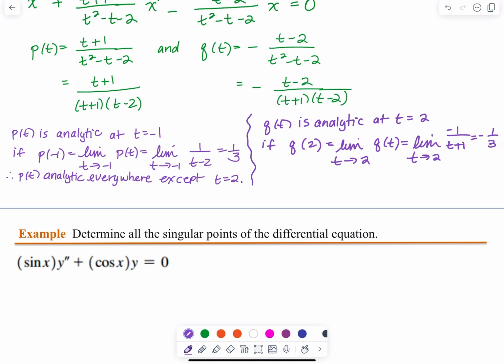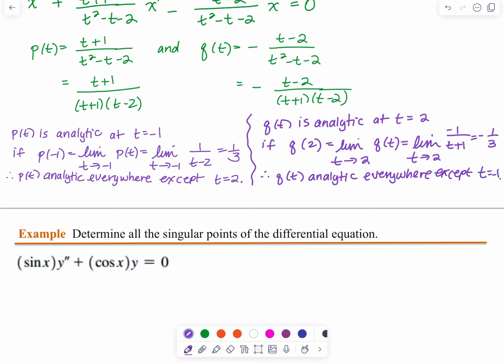And so we can say, therefore, q of t is analytic everywhere except t equal to -1.